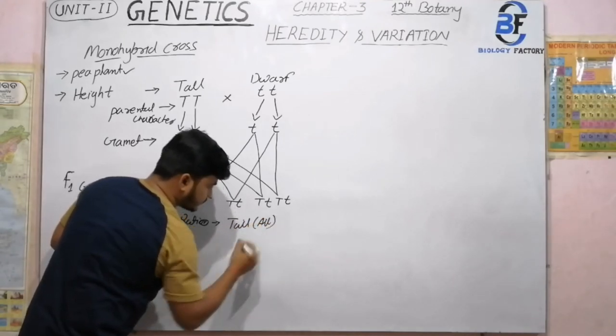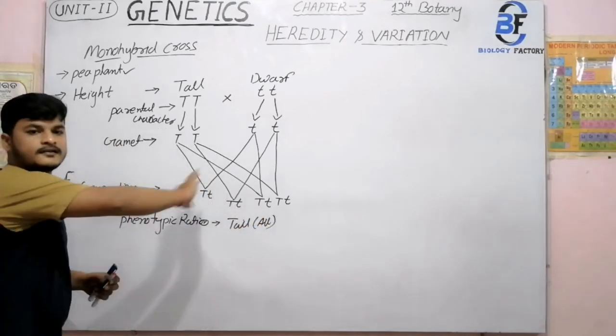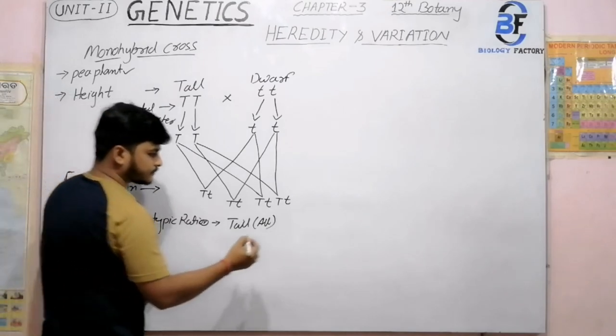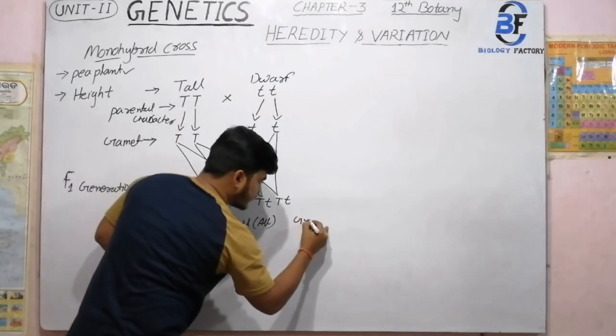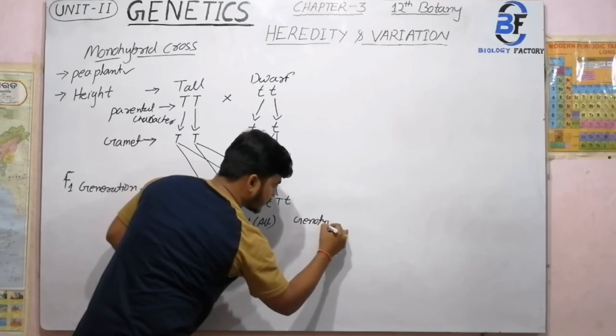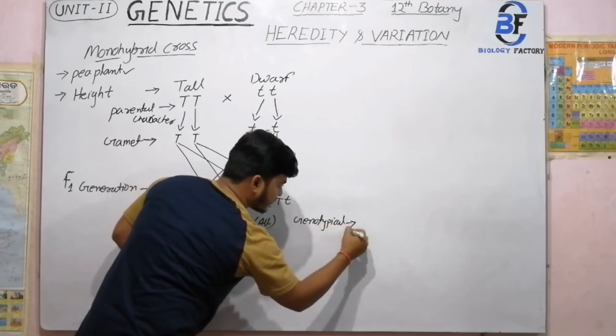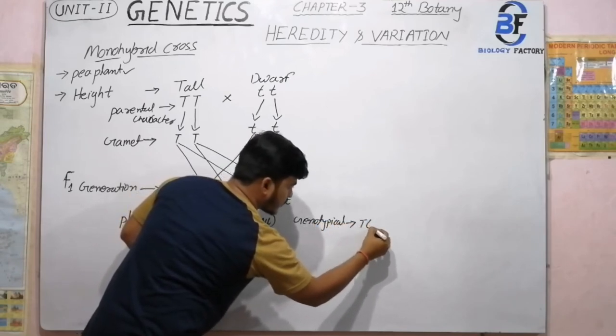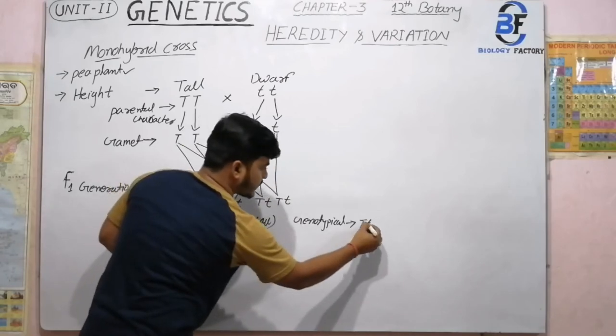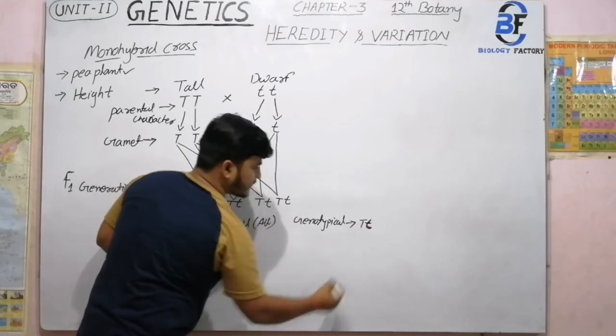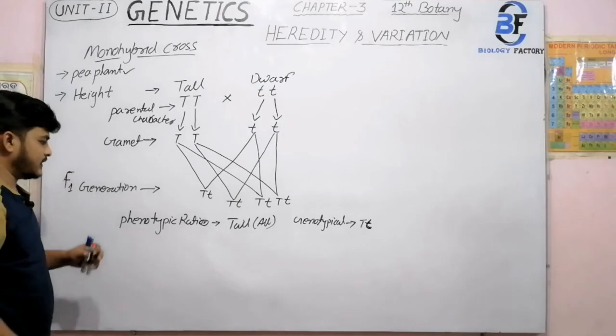That means all plants are tall. Genotypically, one character is suppressed, and genotypically it is capital T and small t.